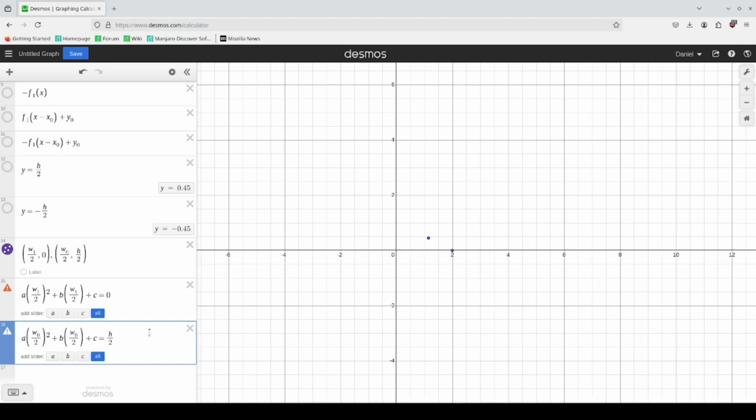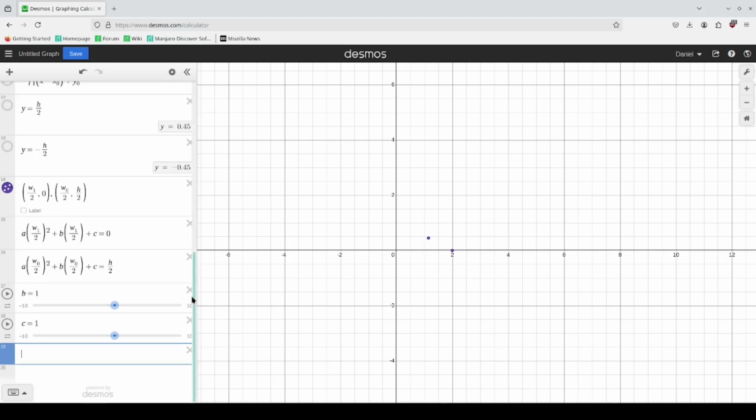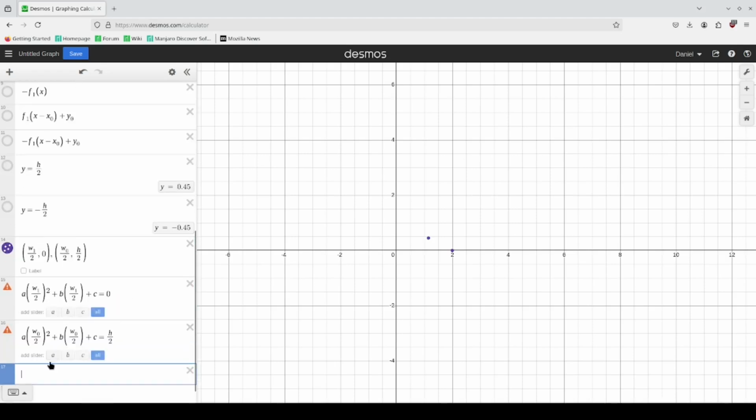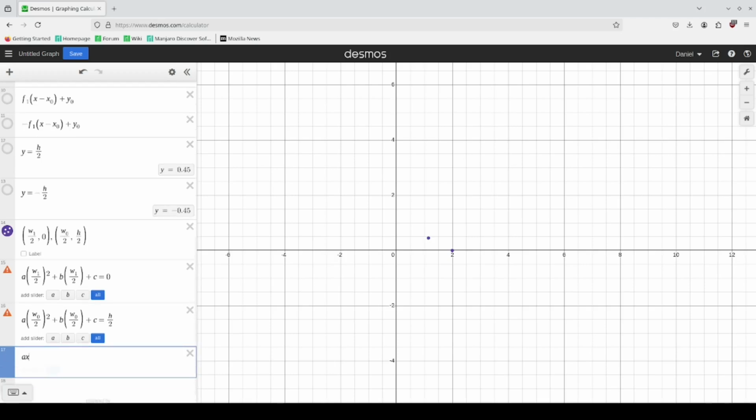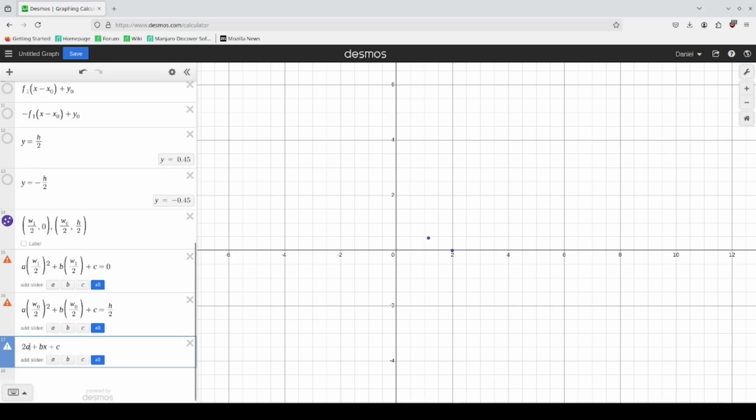And so we have a generic equation of a parabola that is ax squared plus bx plus c. And when we differentiate it, we get 2ax plus b, and the constant drops.